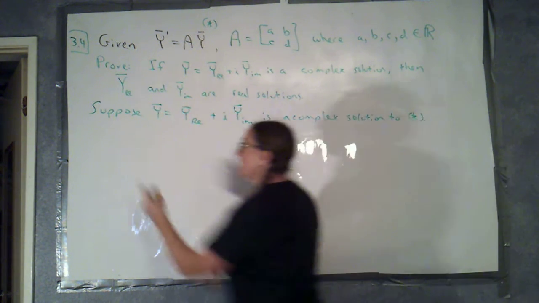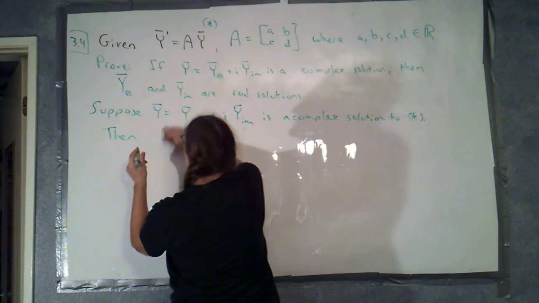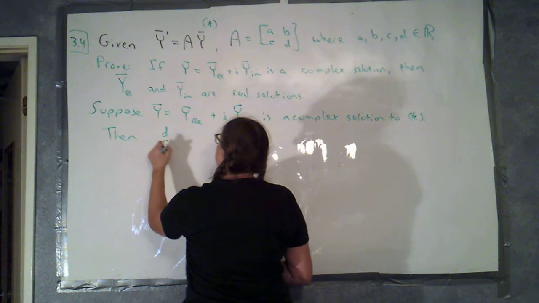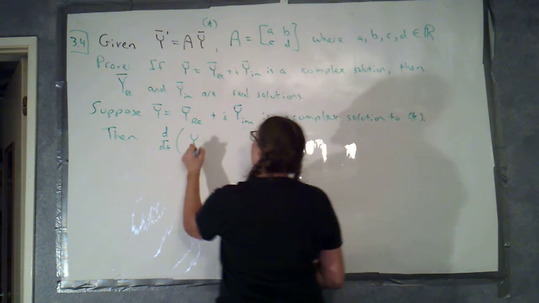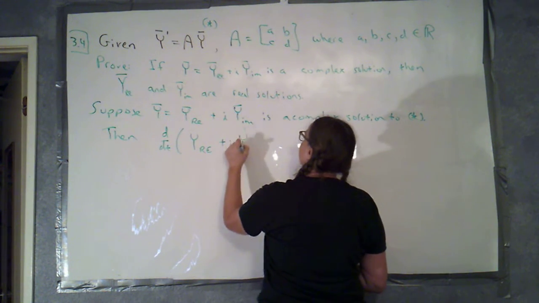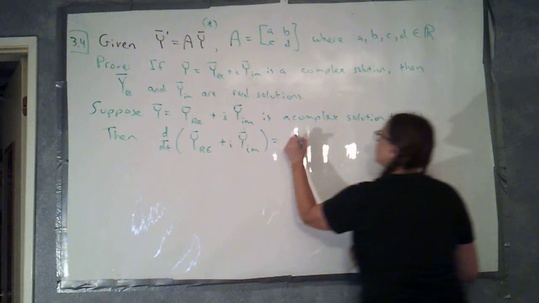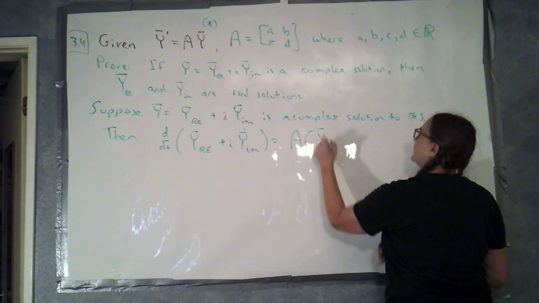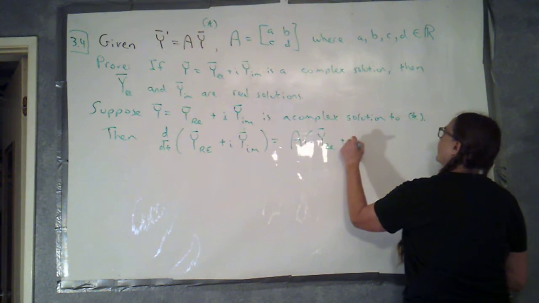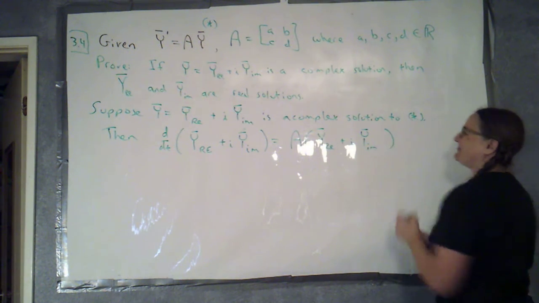And what it means to be a solution is that then I know that d by dt of y, which is the real part plus i times the imaginary part, is equal to A times the real part plus i times the imaginary part.